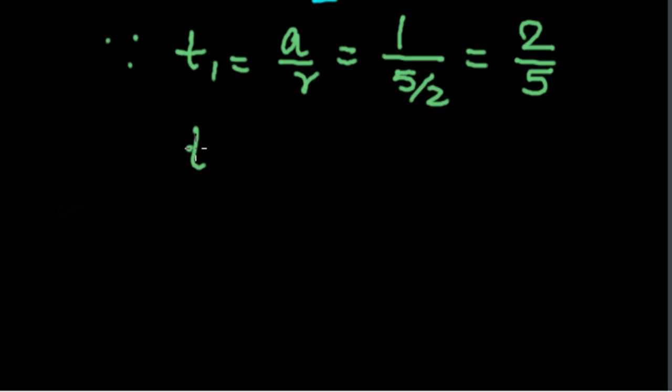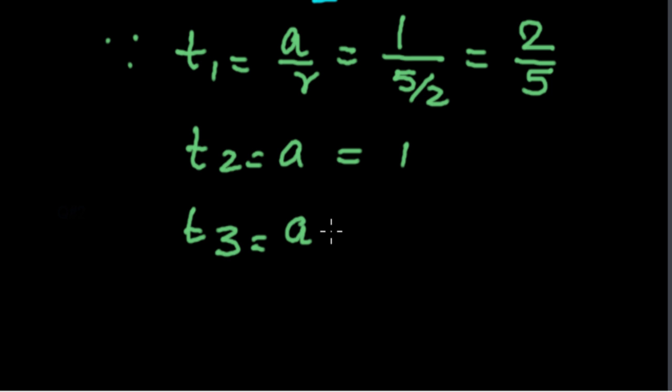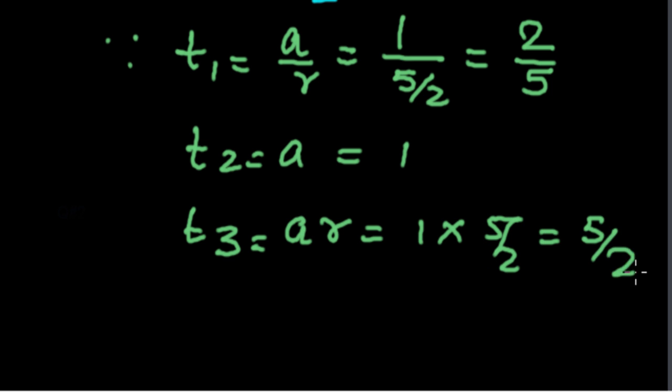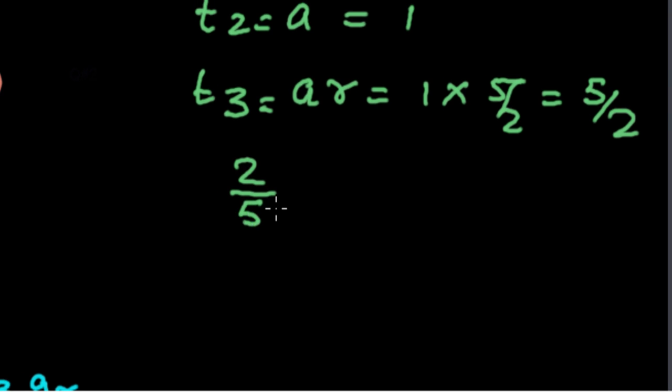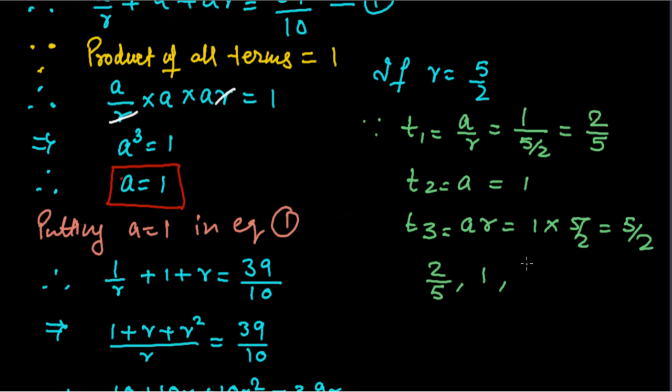Similarly, T2 is equal to A, which is 1. T3 is equal to A into R, A is 1, R is 5 by 2, so it is 5 by 2. So if R is equal to 5 by 2, then the terms would be 2 by 5, 1 and 5 by 2.